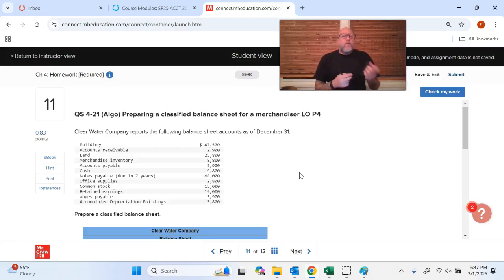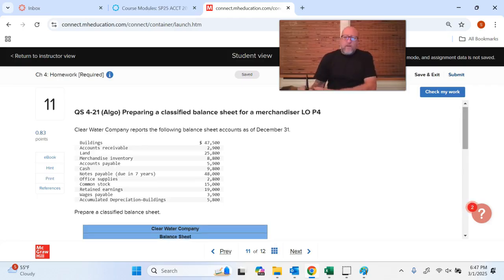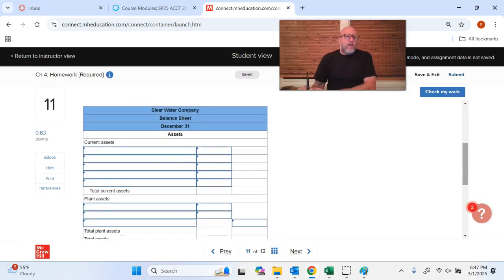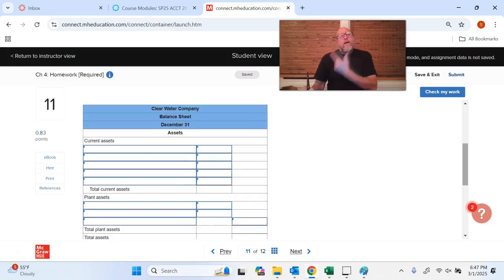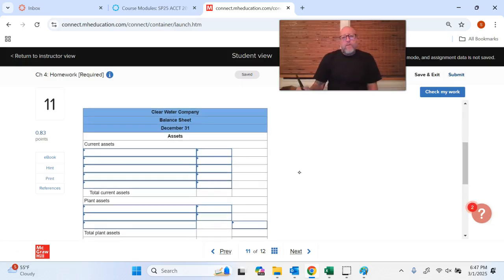And just a reminder, current assets are all the assets that we intend to convert to cash or use within 1 year. So like the first one, buildings, that's clearly not a current asset. Accounts receivable, that clearly is a current asset. And so we would just have to identify the assets first and then whether they are short-term and long-term. And I will leave you guys to that.